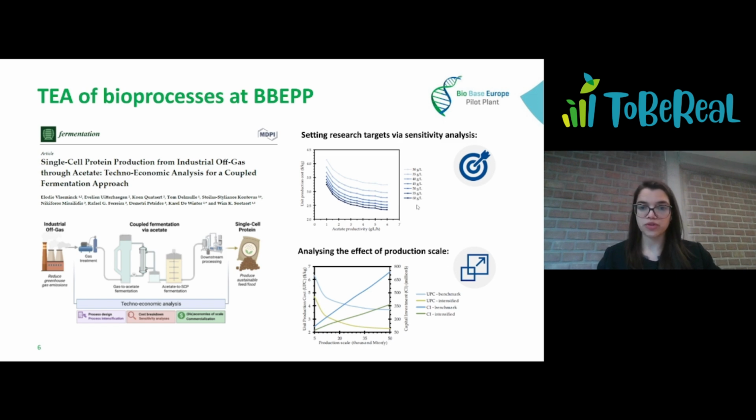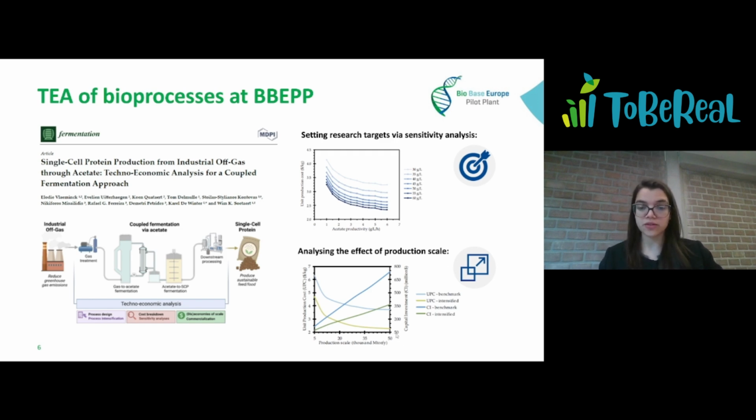Another example of what you can get from the TEA in the same example is the effect of production scale. So for sure, when you're increasing production scale, you increase capital investment. Here are two scenarios. So in the lines here, you see the investment increases, but your unit production cost, or the cost for each kilogram of protein that you produce, decreases as your production scale increases.